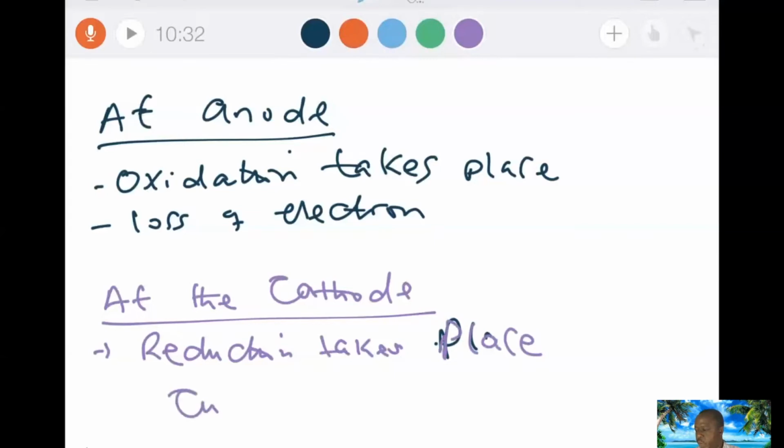In terms of copper 2 ions, they are reduced to copper at the cathode.